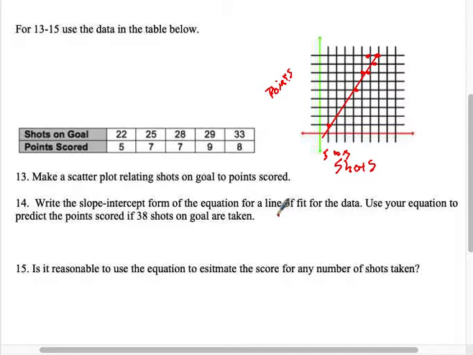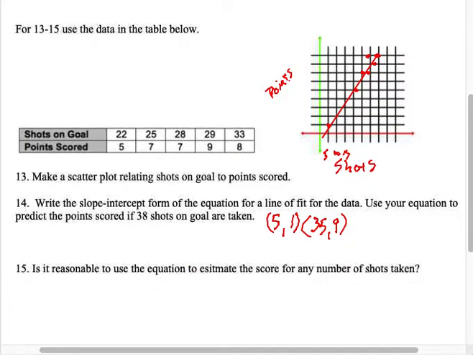I would use the points 5-1 and what did I say, 35-9? Yeah. I would use those 2 points. I would write an equation, which you should know how to do, a slope-intercept equation, right? And then I would make a prediction about 38 shots. And then I would answer this question.